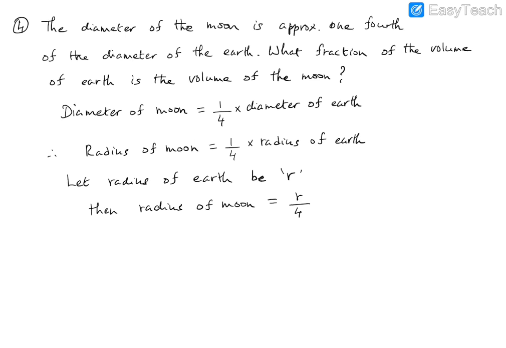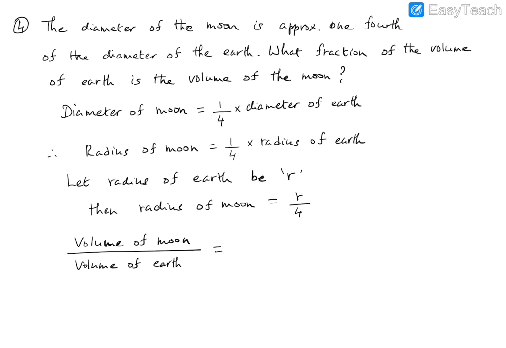So now we have the radius of the earth and the radius of the moon, and we can calculate the ratio between the volume of moon and the volume of earth. We will write the expression for the ratio of the volume of moon to the volume of earth.